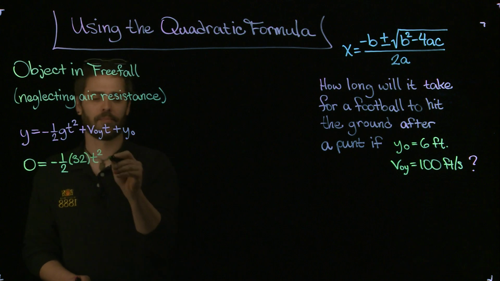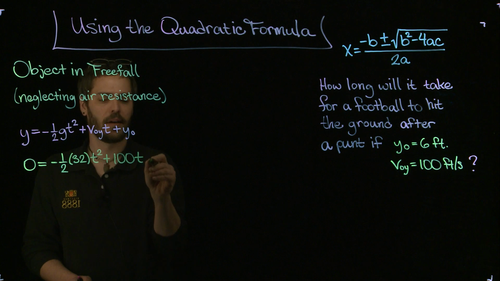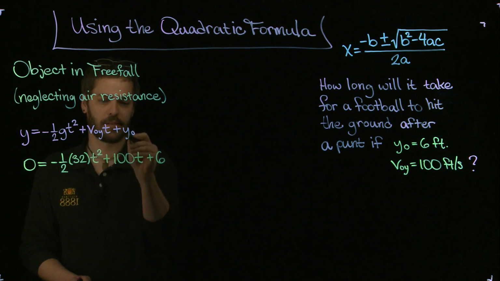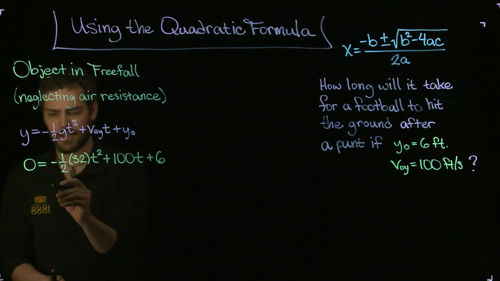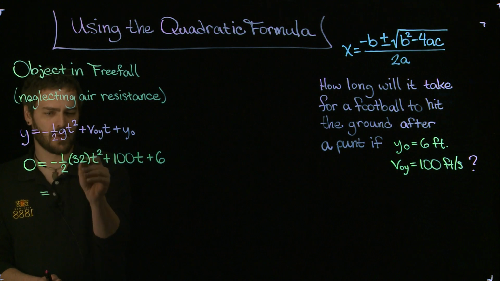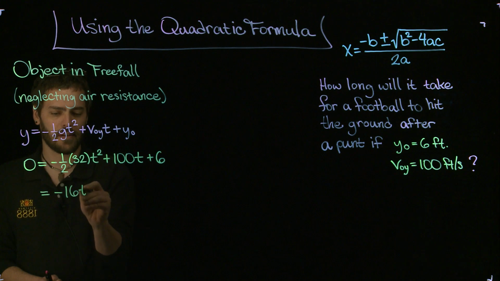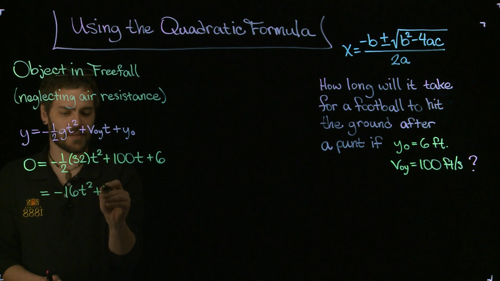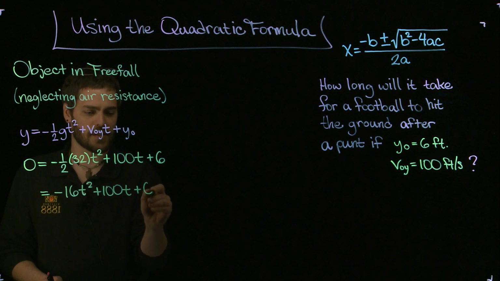I'm trying to find that out. Plus 100 t plus 6 for my initial height. Let me simplify this just a little bit. -1/2 times 32 gives me -16 t squared plus 100t plus 6.